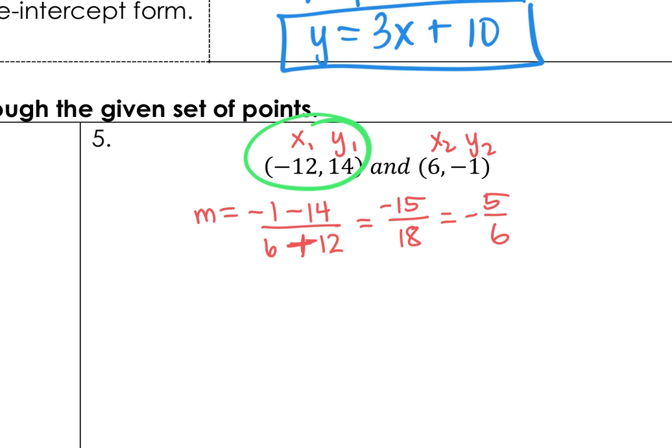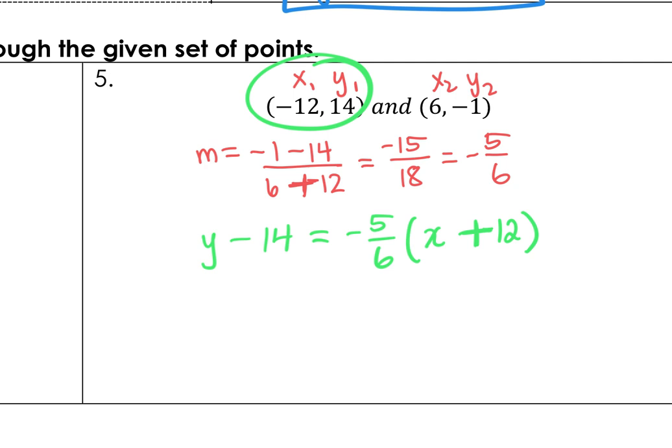So that means it's going to be y minus y1, which is 14, equals m, which is the negative 5 over 6, times x minus, but since that's a negative 12, I'm not going to minus a negative 12. I'm going to make it a what? Plus 12. So that's x plus 12 because it was minus a negative.